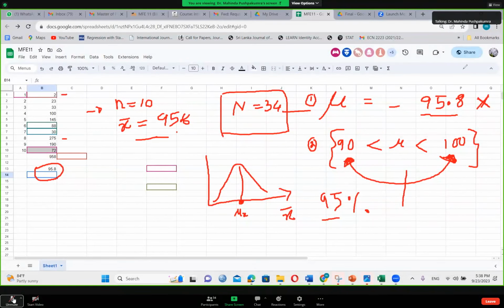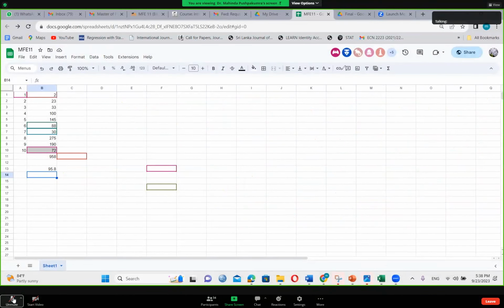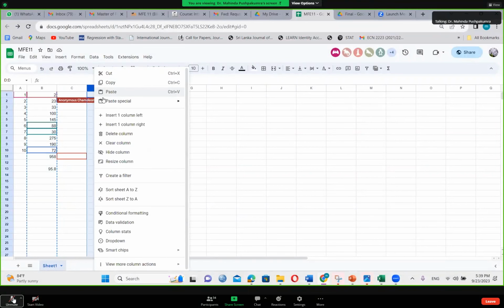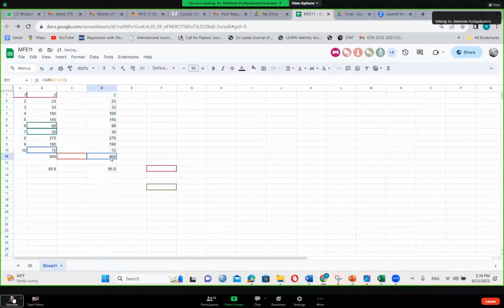Okay. If you don't mind, I have now collected data from 10 students. If others are also willing, they can also enter their information. Maybe I can copy this one and paste it. Then we can see whether our statement is correct or wrong. Now there are 32 students.